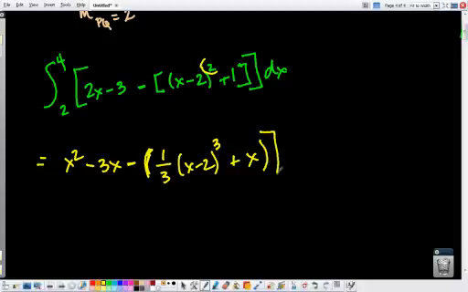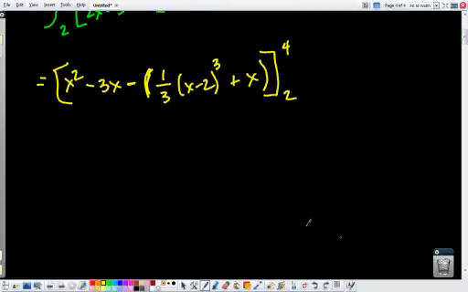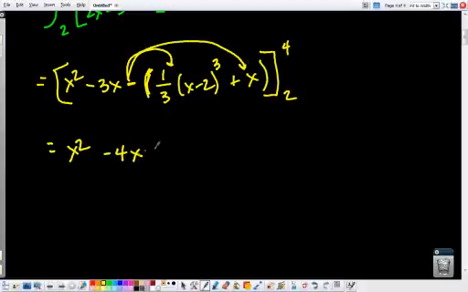And all of this we're looking at from 2 to 4. So I'm just going to simplify this a little bit. We have x squared, which is on its own. We have negative 3x minus, because this is carrying to both of these, minus x. So that's negative 4x minus 1/3 x minus 2 cubed.